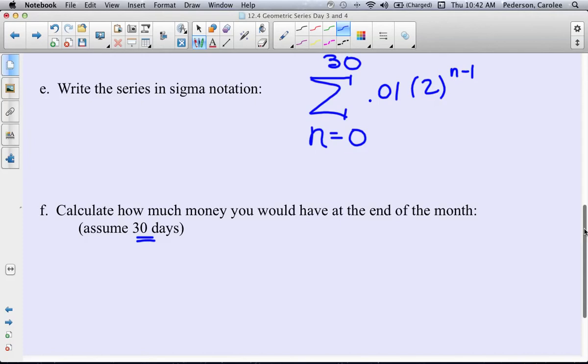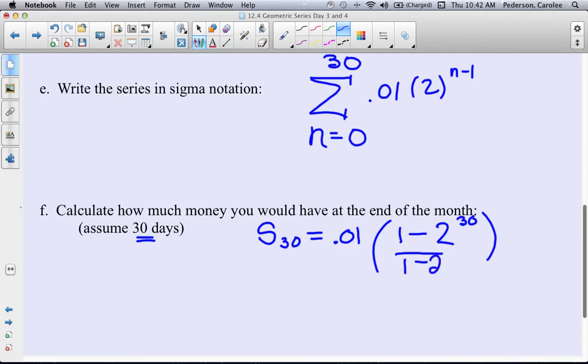All right, so S sub 30, remember term 1 is 0.01, 1 minus r, and r we said to be 2, raising it to the 30th power, and then 1 minus r. Now we have some simplifying to do, so you want to make sure you use your appropriate order of operations.